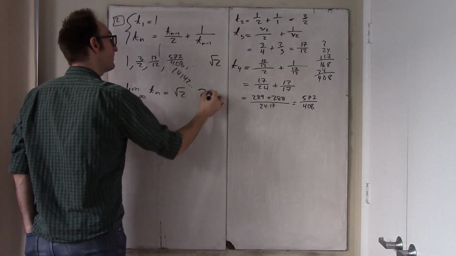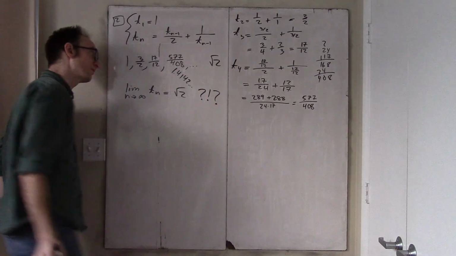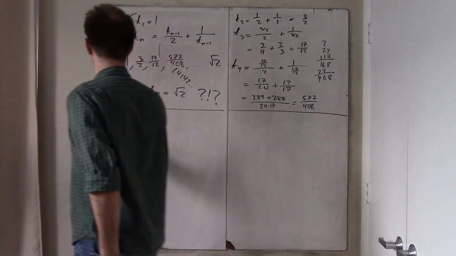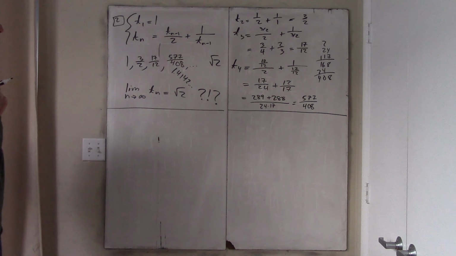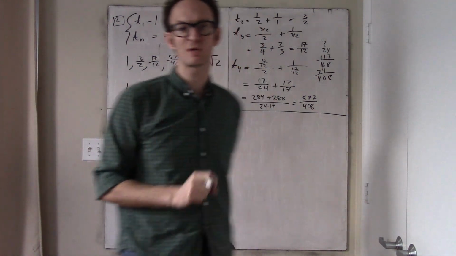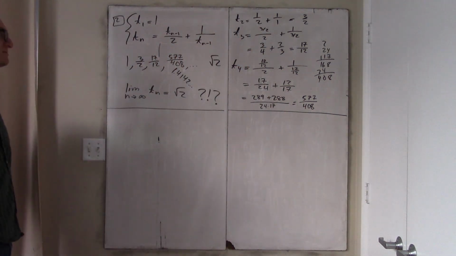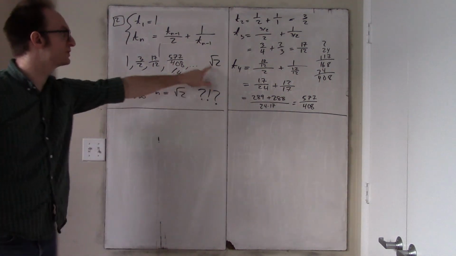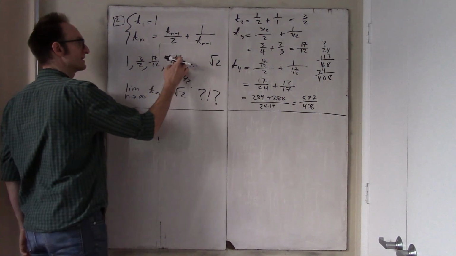I'm not positive that this is true, and I'm very confused about why this should be true. The nature of this calculator exercise is, hey, here's a cute little thing that happened. Don't worry about why, just bask in the mystery of mathematics. No, I think we can actually understand this. What I'm not going to do right now is prove to you that this sequence has a limit.